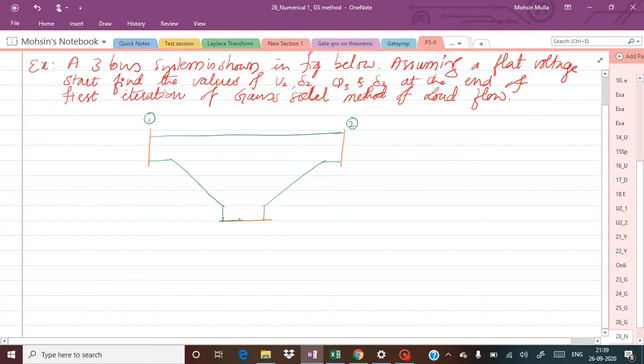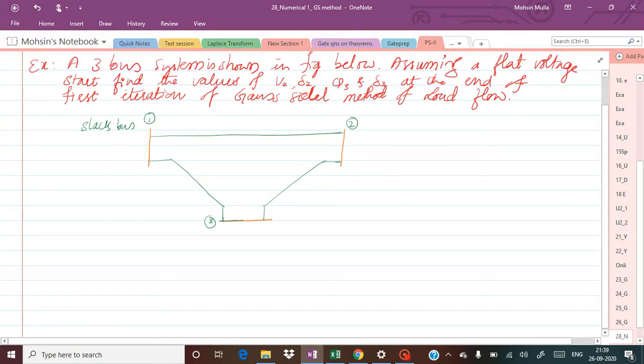The 3 buses are numbered: bus number 1, bus number 2 and bus number 3. Here bus number 1 we usually assume as the slack bus. And they have also given some other information regarding the transmission lines connected between these buses. Let me write that information here.